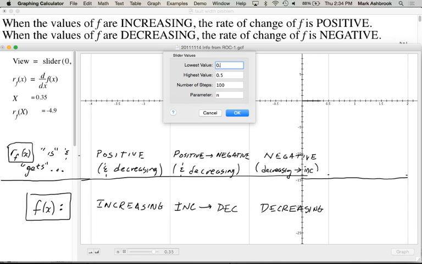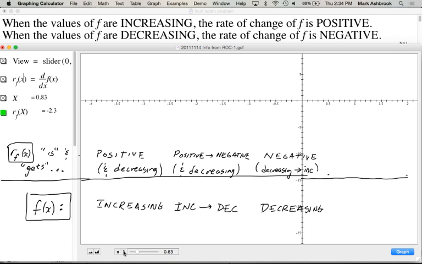0.5, 2, 2. Let me start at the beginning. Go.